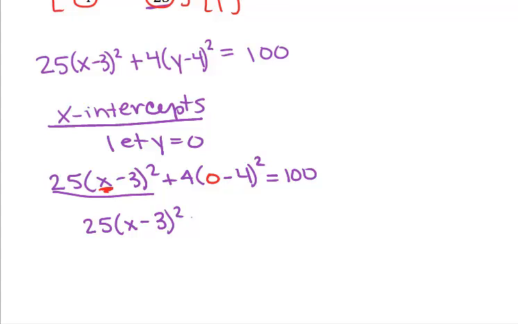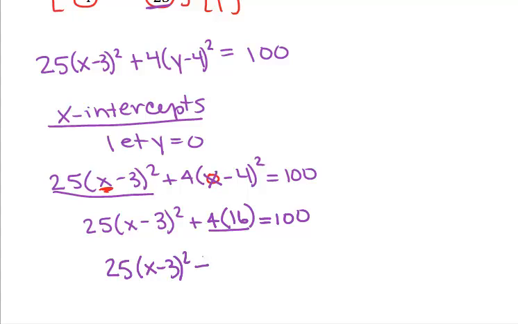25 times (x minus 3) squared. Here, I can get rid of my 0, which gives me negative 4 squared. And negative 4 squared gives me a positive 16. Simplify this here. 4 times 16 gives me a 64.